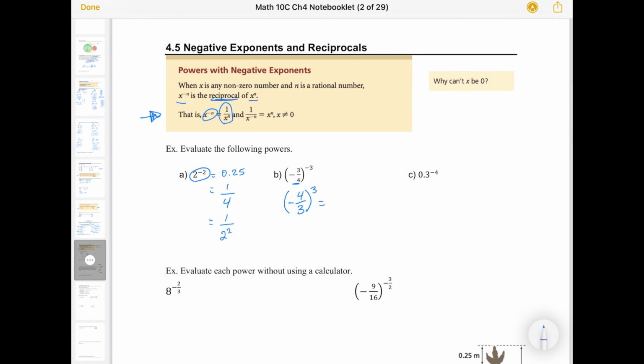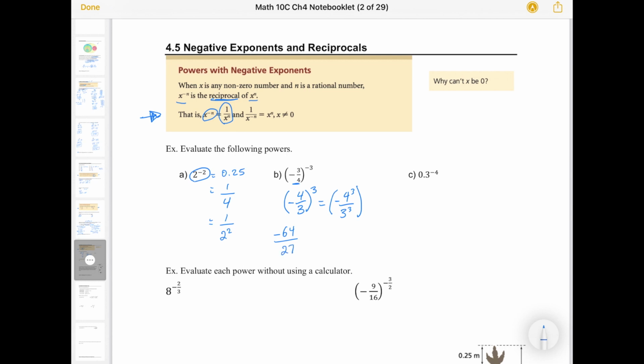And now my negative stays, and this 3, because it is outside of the brackets, goes to everything inside the brackets. So you're going to have 4 cubed over 3 cubed, which is going to give me negative, well, 4 to the power of 3 is 64, and 3 to the power of 3 is 27.